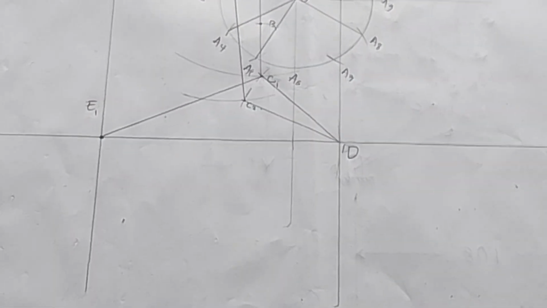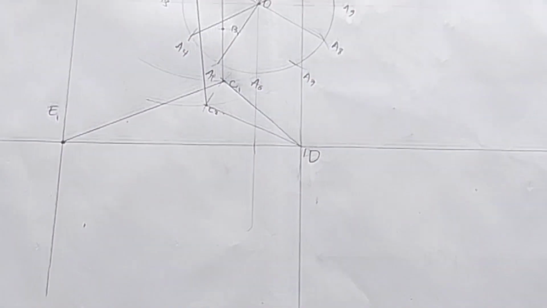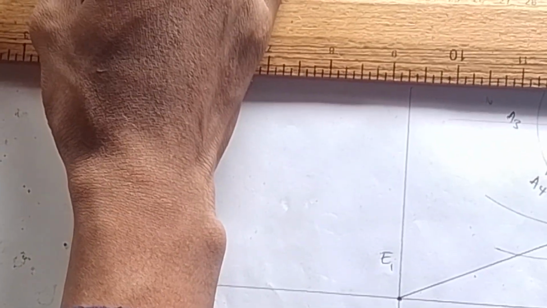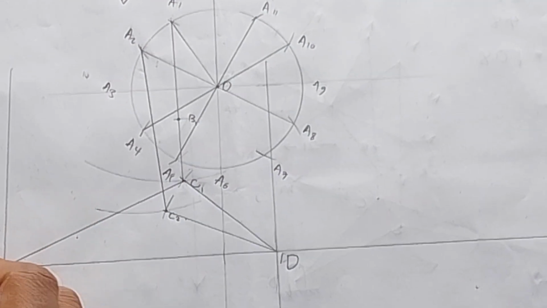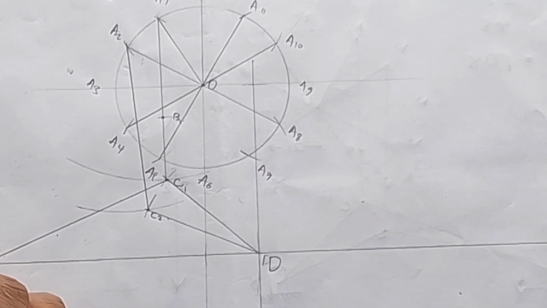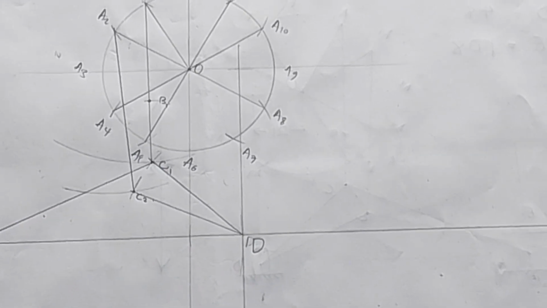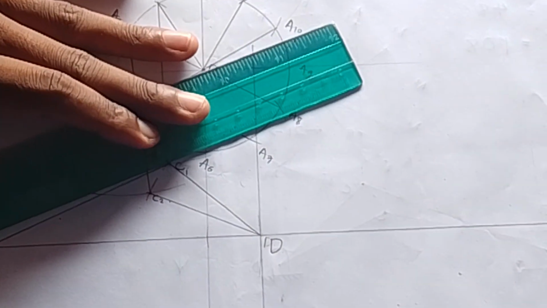EC, we have found as 7.9 centimeters. So again, using your ruler, you measure your 7.9 centimeters. Using our 7.9, you stand at this particular point and strike on this vertical line. At this point here, we have our E2. So join this C2 and E2 like this.